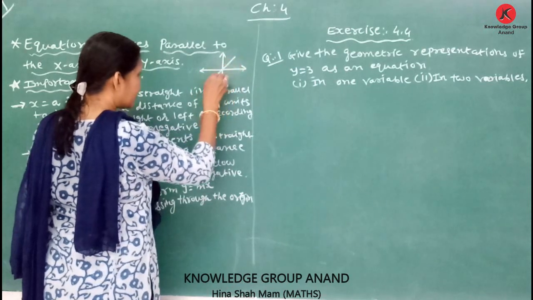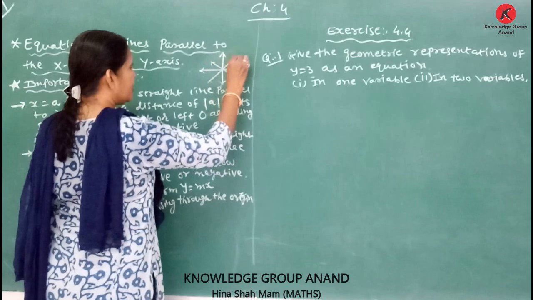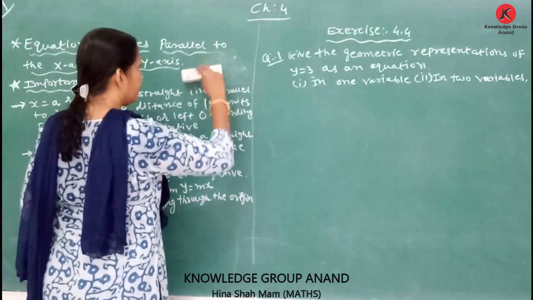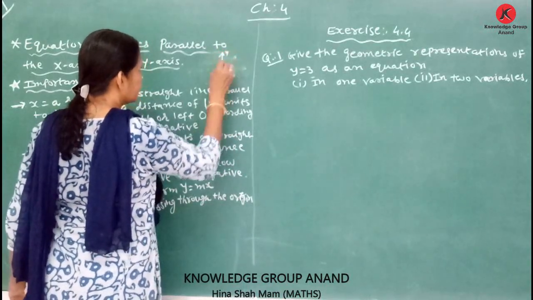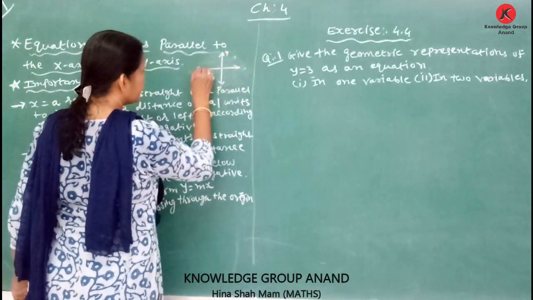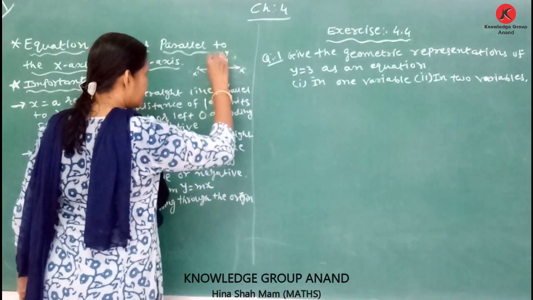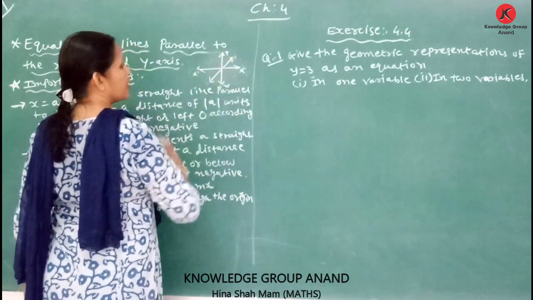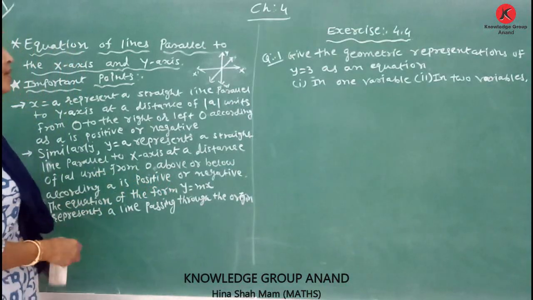The line is passing through like this or like this. If y is equal to mx, it is passing through the origin.